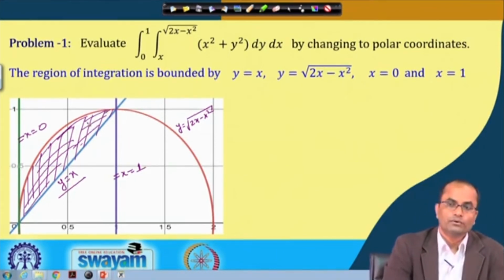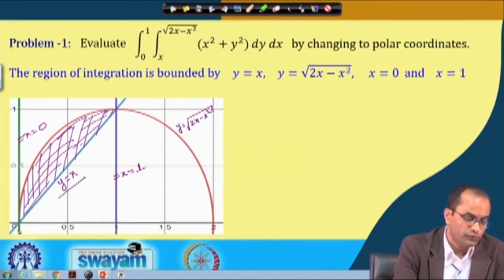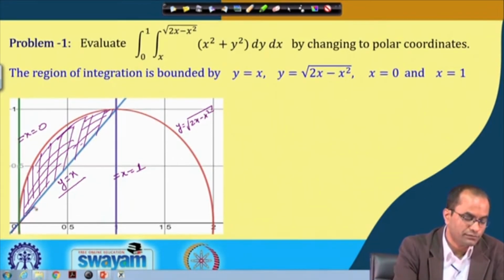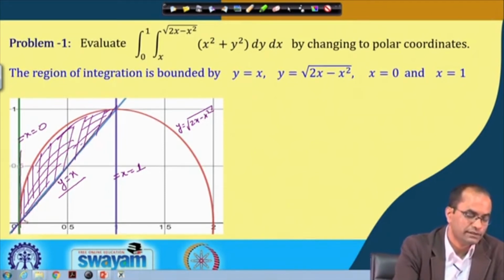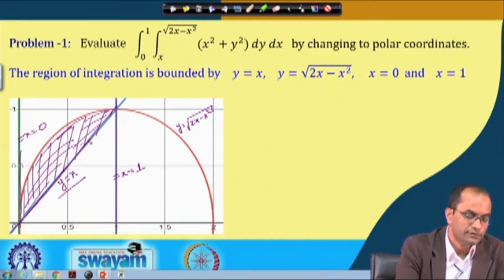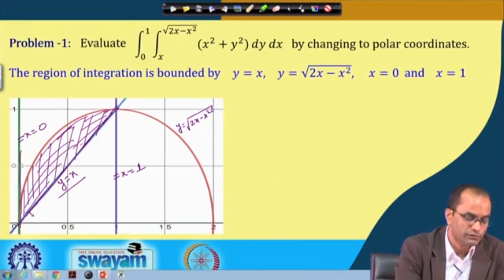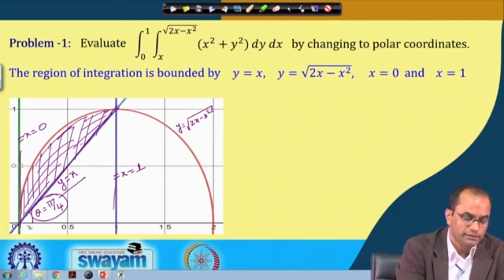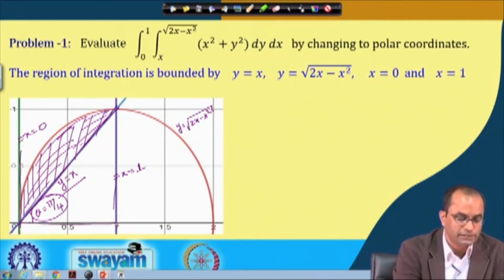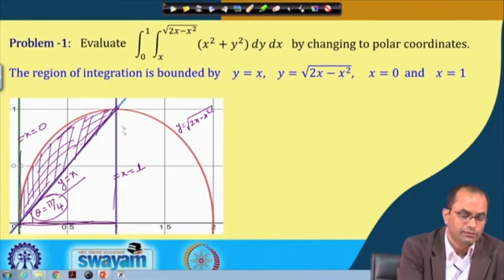So, again for the polar coordinate, for the limits of theta, from this line we are now going to this one. So, here it is x is equal to y line. So, in terms of theta, it is pi by 4. So, tan theta is 1, because if this is 1 and this is also the same 1, tan theta will be 1 by 1.